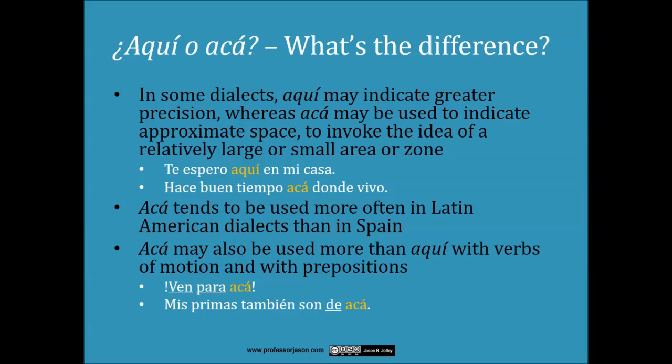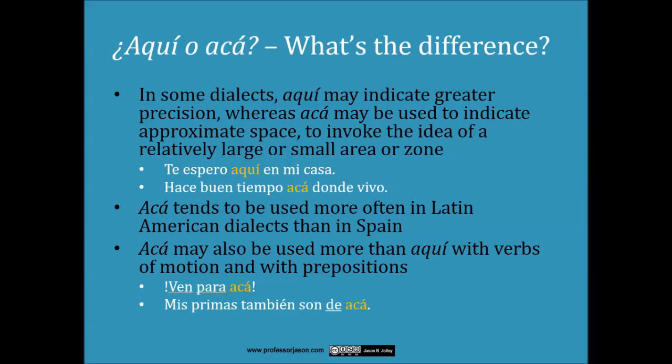Now, some of you might be wondering, and perhaps it's the reason you found this lesson, what differences are there between the uses of aquí or acá, and later on we'll talk about allí and allá. What are the differences? Well, here's my take on aquí and acá, okay?